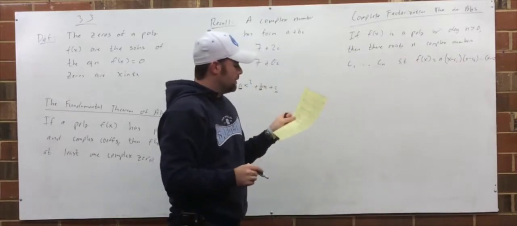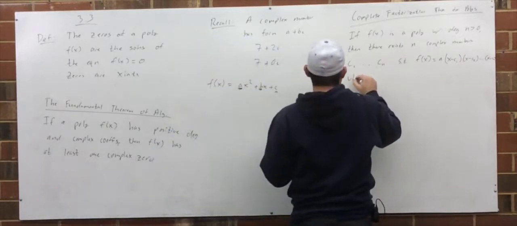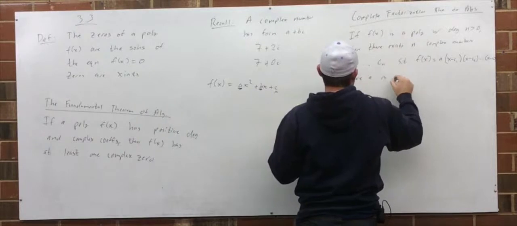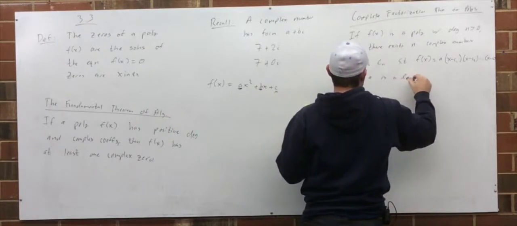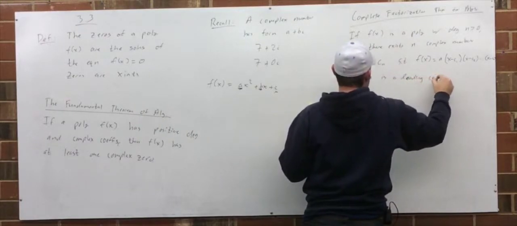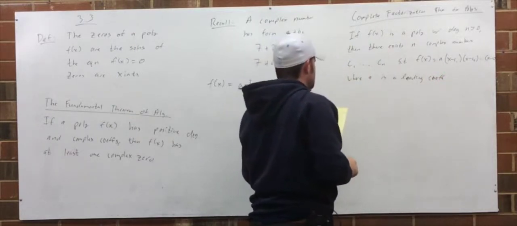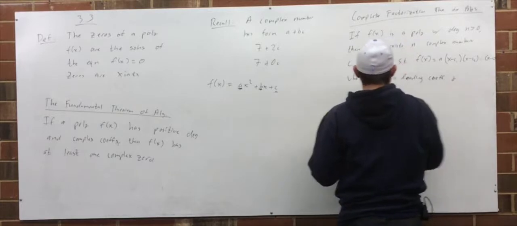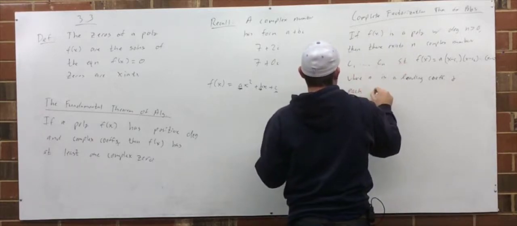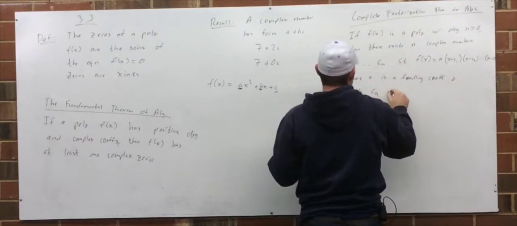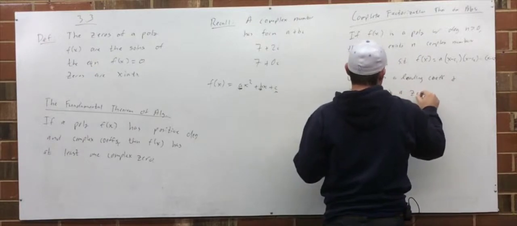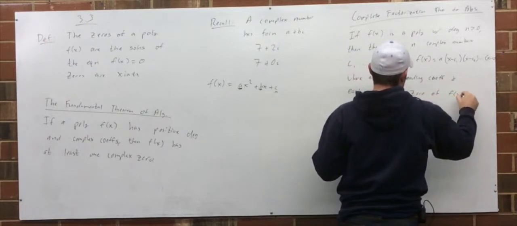Alright? Where a is our leading coefficient, and each c sub k is a 0 of f of x.